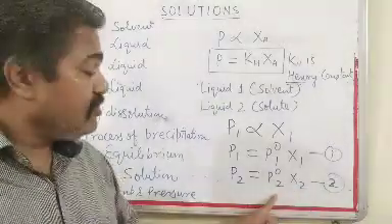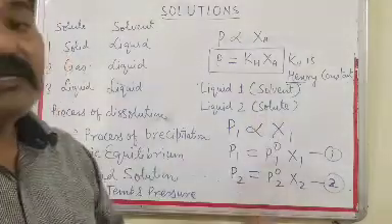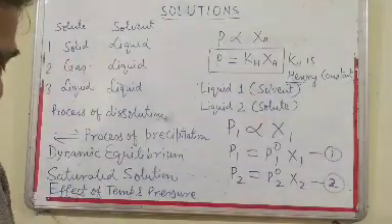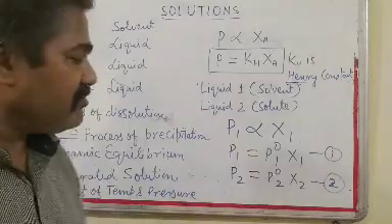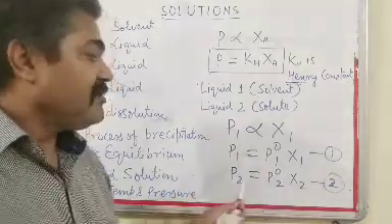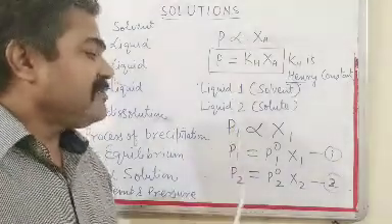This P02 is the vapor pressure of the solute in pure state. Now again Raoult's law also says that the total vapor pressure of the solution will be equal to the sum of the partial vapor pressures of liquid 1 and liquid 2.